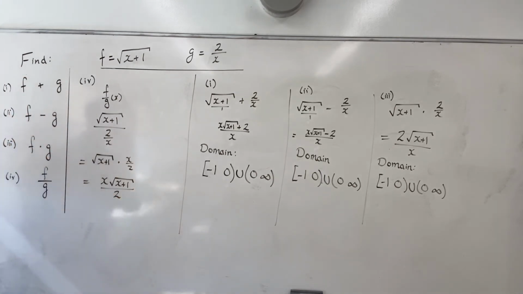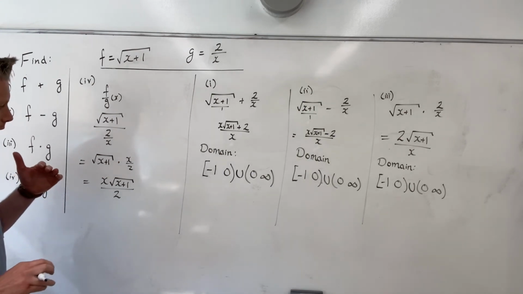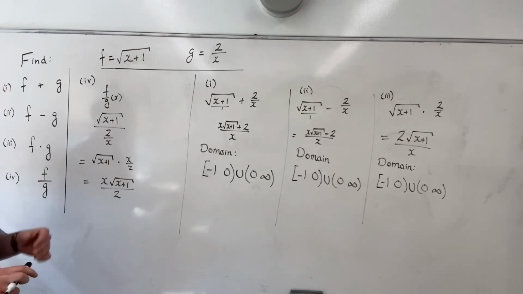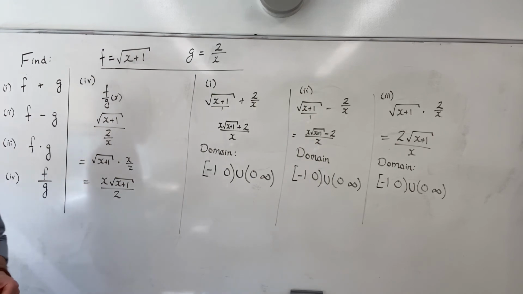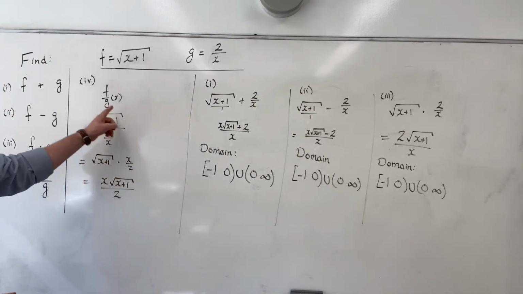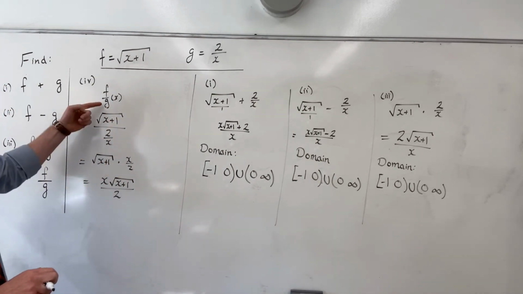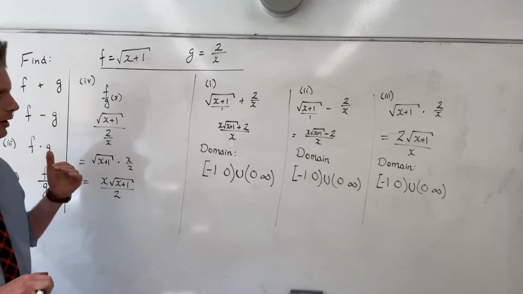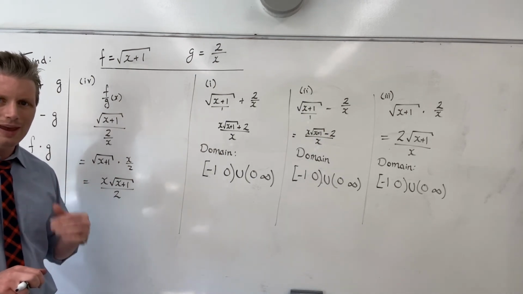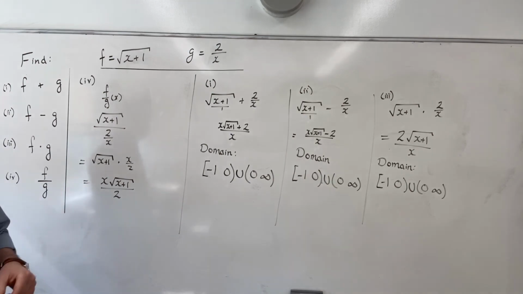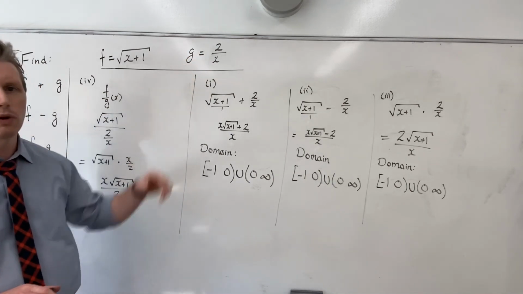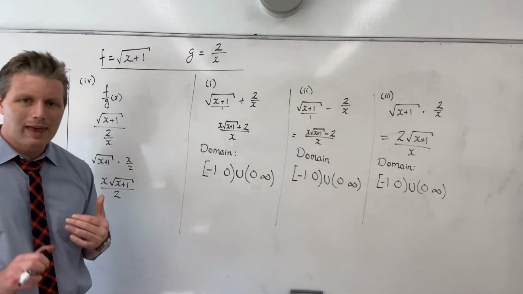The domain here is, again, the domain of the original two functions. However, I have to be careful to exclude any values of x that would make g of x 0, because I'm dividing by g of x. Well, g of x is 2 over x, and that can never be 0.